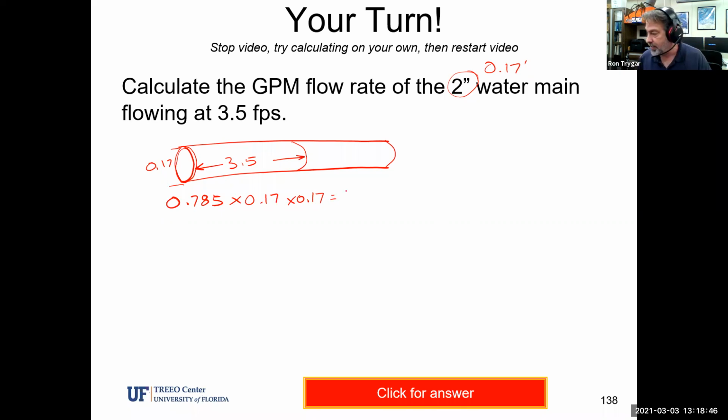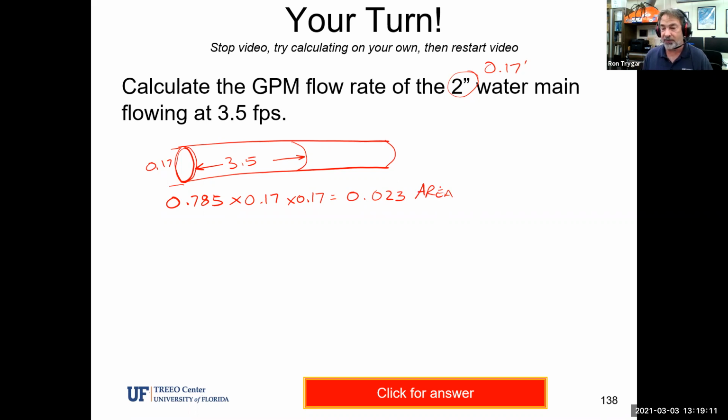For area, I have 0.0226. So how about we go 0.023? We'll go out that far because that'll keep us a little bit more accurate, especially since it's such a small piece of pipe. So that's our area. That's our cross-sectional area.